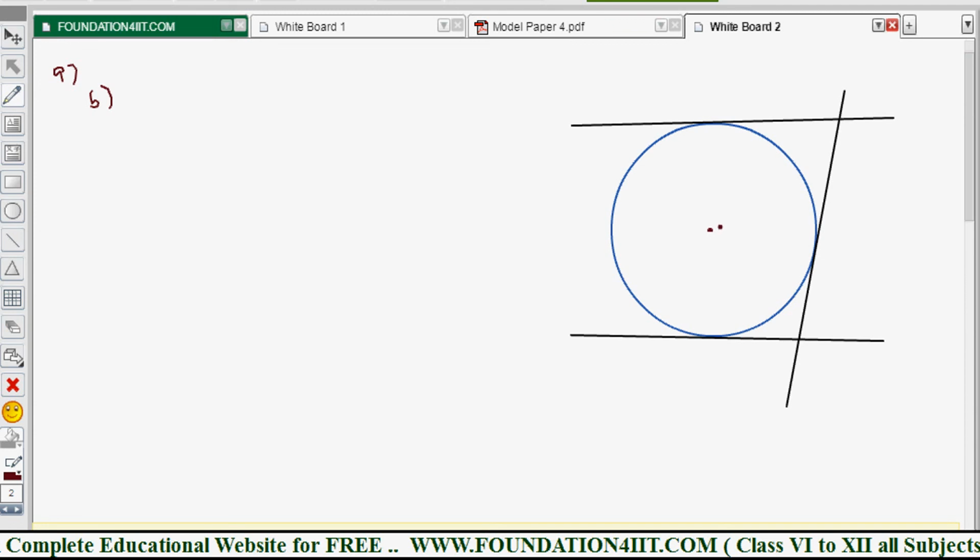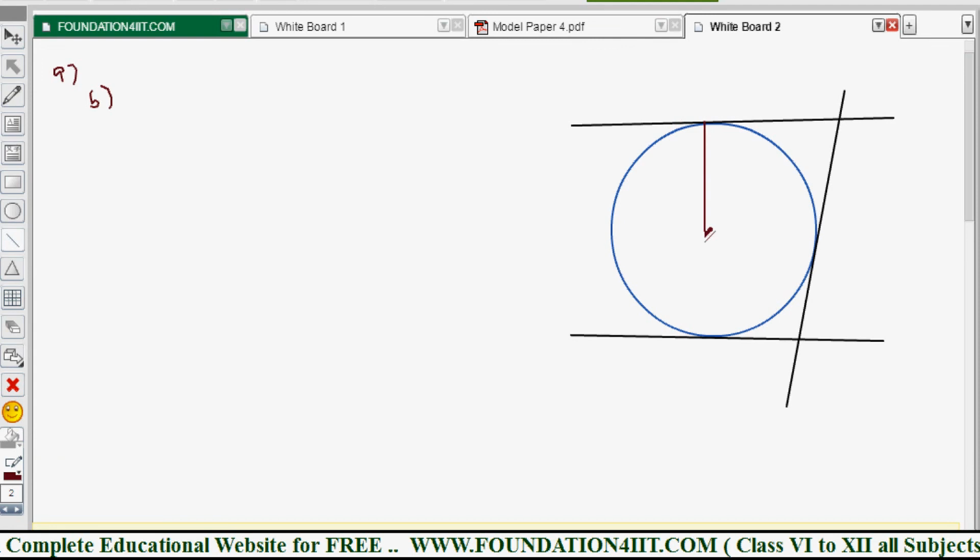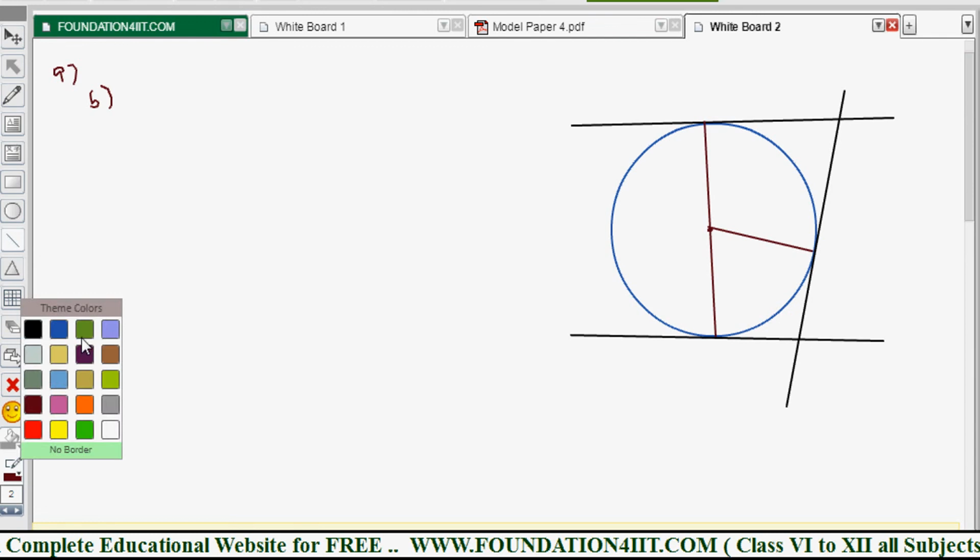O is the center of the circle and MN is the perpendicular. We take the line MN, where this point is touching, and from this also touching at this point C, and join the other lines.